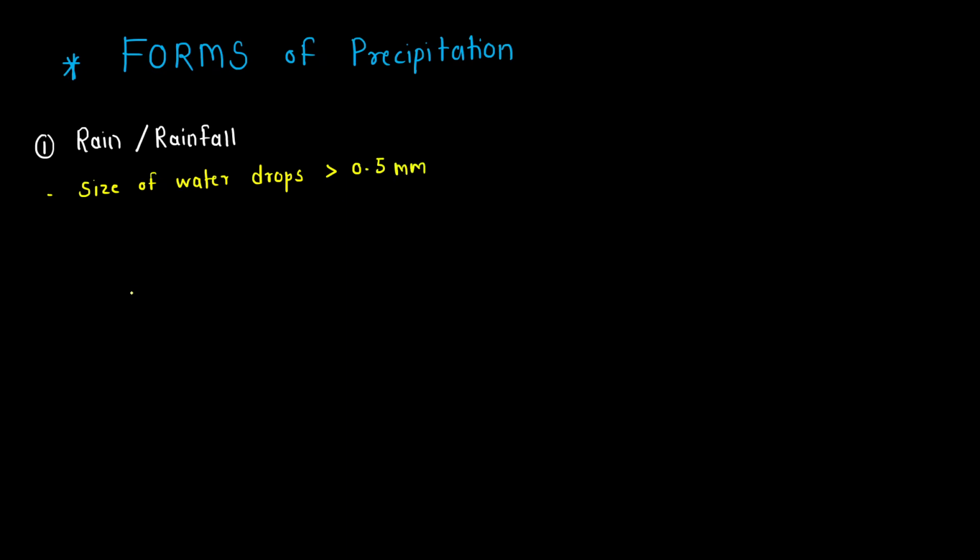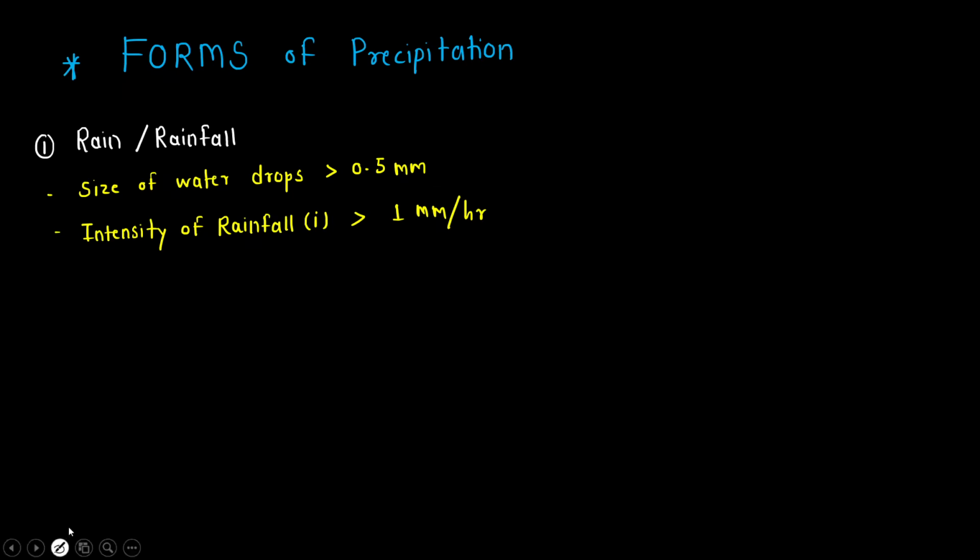The intensity of rainfall, small i, is greater than 1 mm per hour. So these are the technical specifications for rain or rainfall.